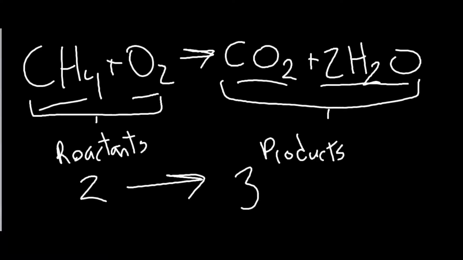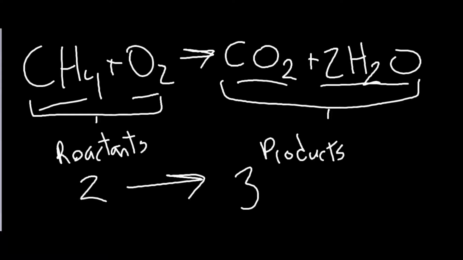Another thing that's important to understand is that the states of your reactants and products are extremely necessary. You need to include that in all of your reactions, especially in shorthand and in writing your formal lab reports and your AP exam FRQs, stuff like that. This is so that you can clarify what's going on in your reaction. The physical state is super important.